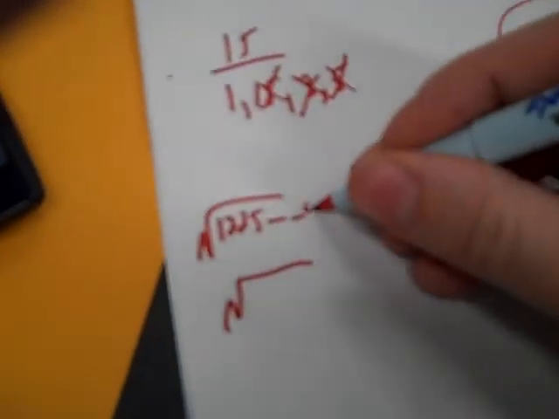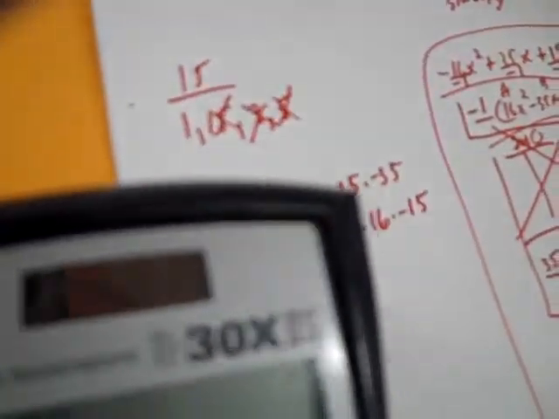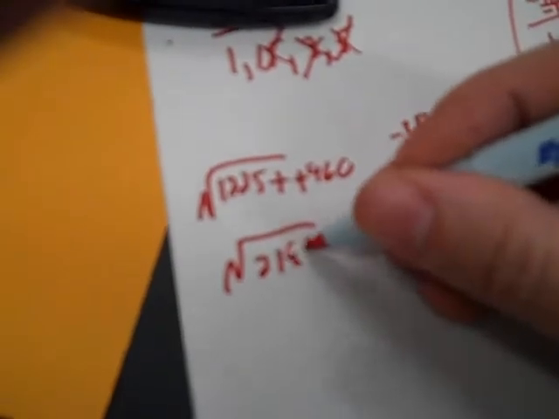So that's plus, plus, giving 2185. Now I find the square root of 2185.